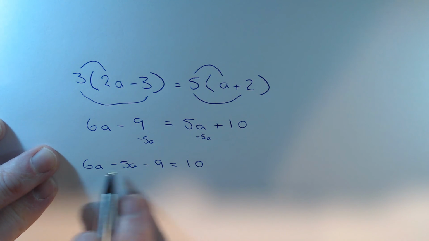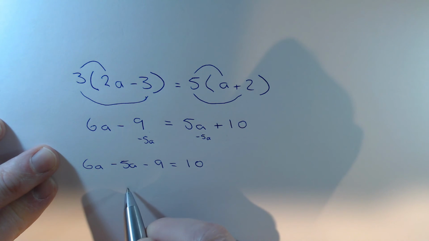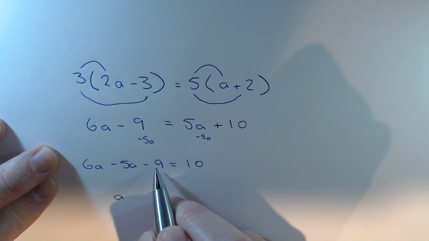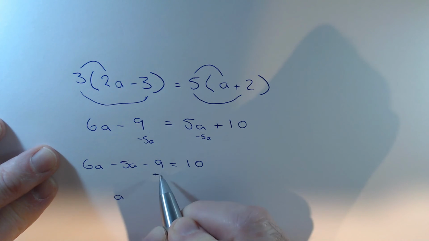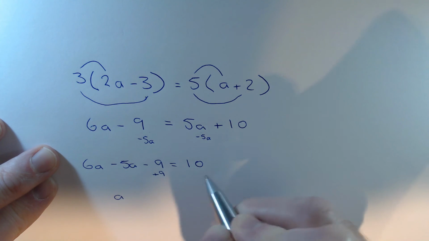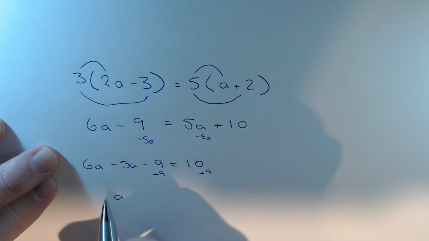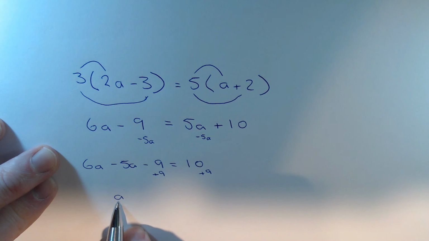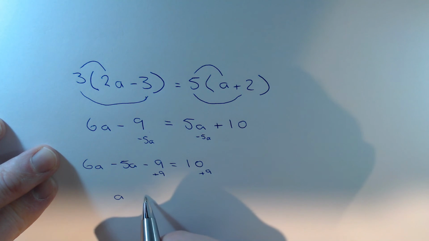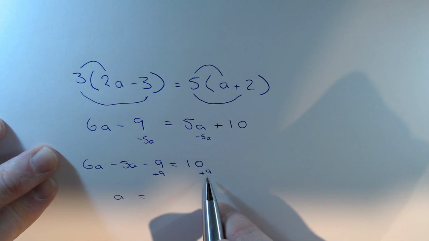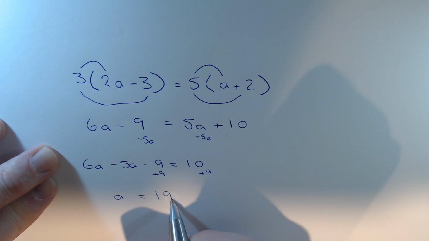So 6a minus 5a leaves me with a, and because I've got this minus 9 on this side, I've got to add 9 to get rid of it. But whatever I do to the left, I do to the right, so I'm going to add 9 to this side as well. The two 9's cancel each other out, and 10 plus 9 leaves me with 19.